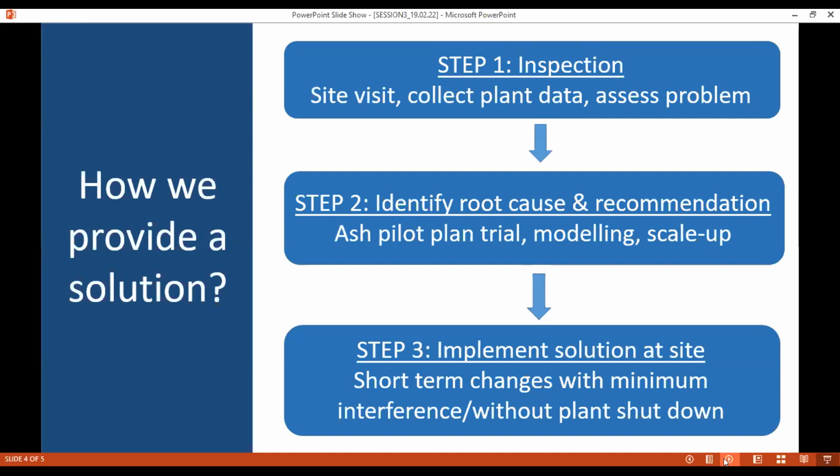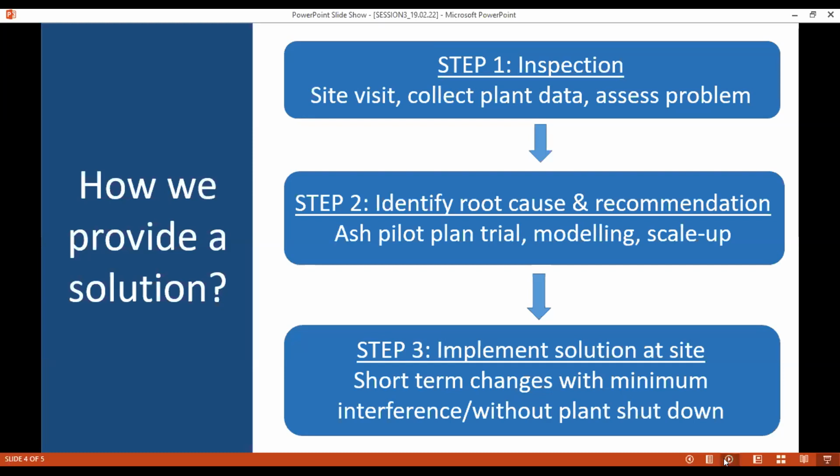We have done it already on occasions. So we have our complementary expertise and strengths to provide you the right solution that you require to run the plant without one less worry in your mind, which is the ash conveying problem, which is a big worry.